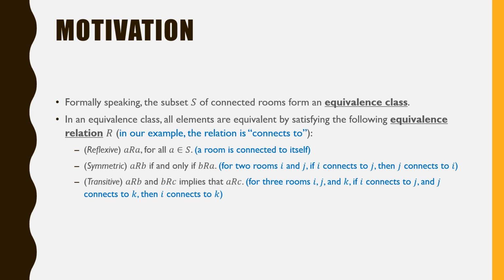Symmetry means that if an element A is related to an element B, then B is also related to A. In our case, if room I connects to room J, then room J also connects to room I. Finally, transitivity means that if an element A is related to B and B is related to C, then A is also related to C. For the maze, if room I connects to room J and room J connects to room K, then room I is also connected to room K.